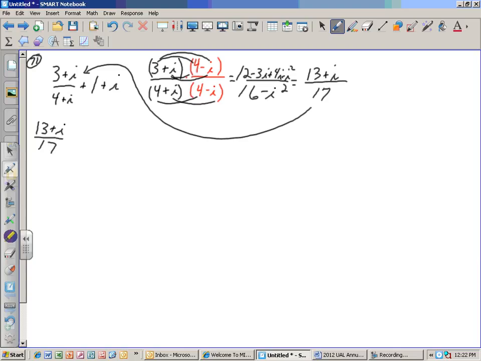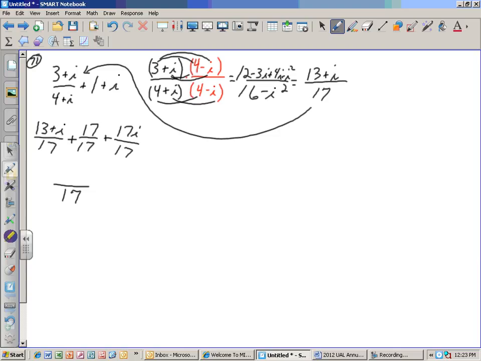If you do that first, it might make the rest of the problem a little simpler, because now I can add 1 to it. I'm going to make 1 into 17 over 17 because I have fractions, and i into 17i over 17 so that we have common denominators. My answer is going to contain the common denominator of 17.